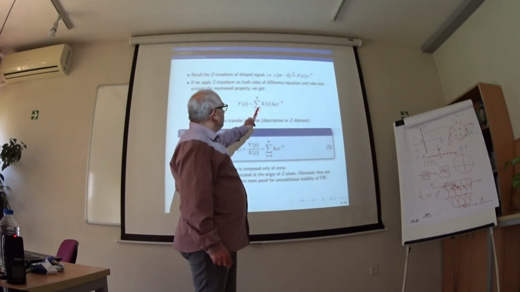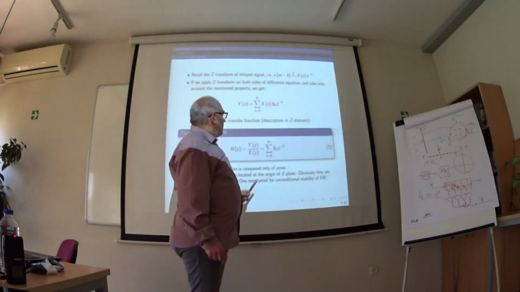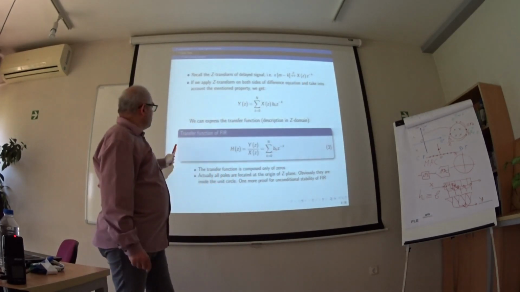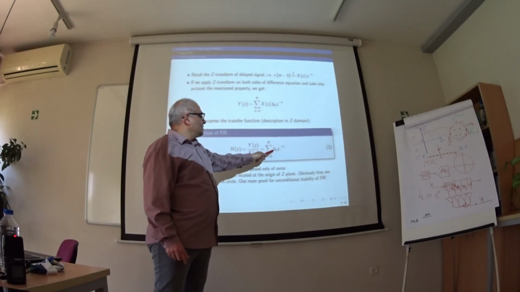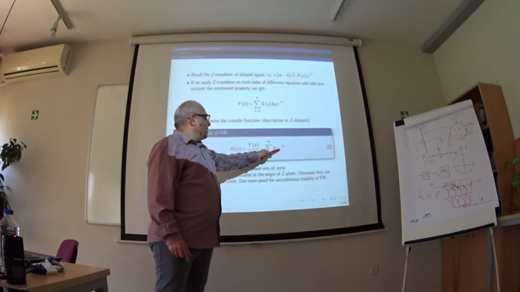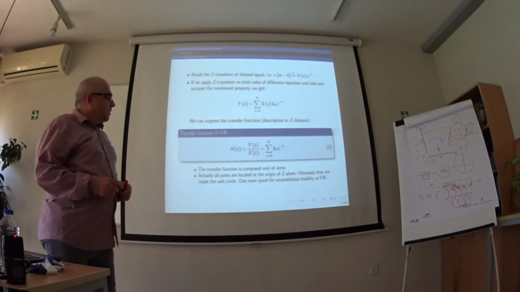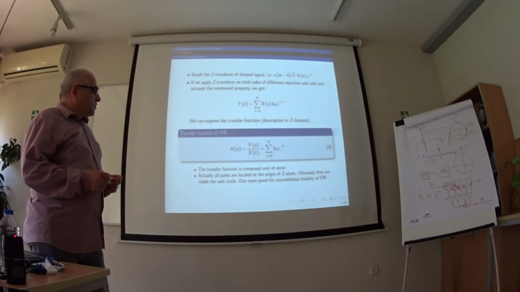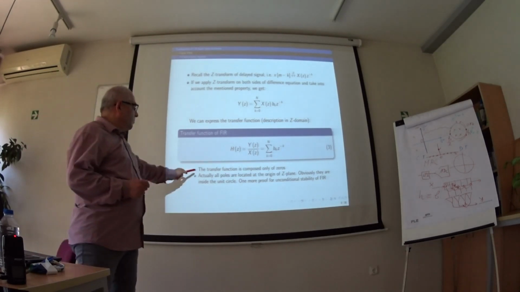We take into account this property of the Z transform, and our transfer function is a simple sum of our coefficients times Z to the minus 1, minus 2, and so on. This transfer function is composed only of zeros. We don't have any poles here.